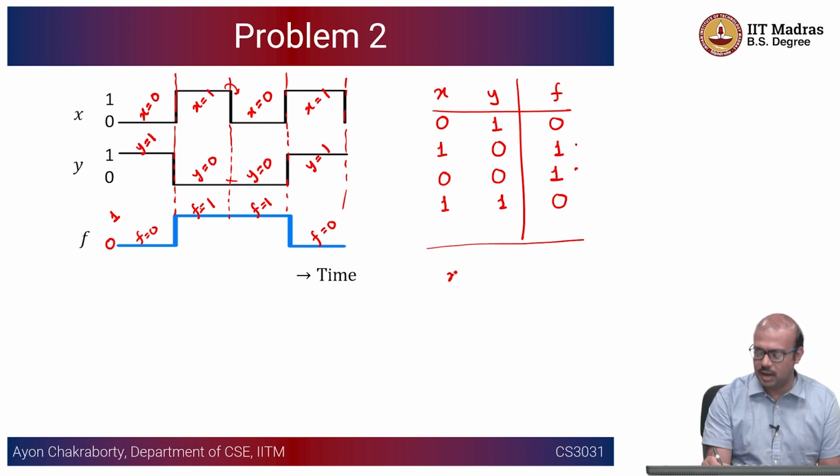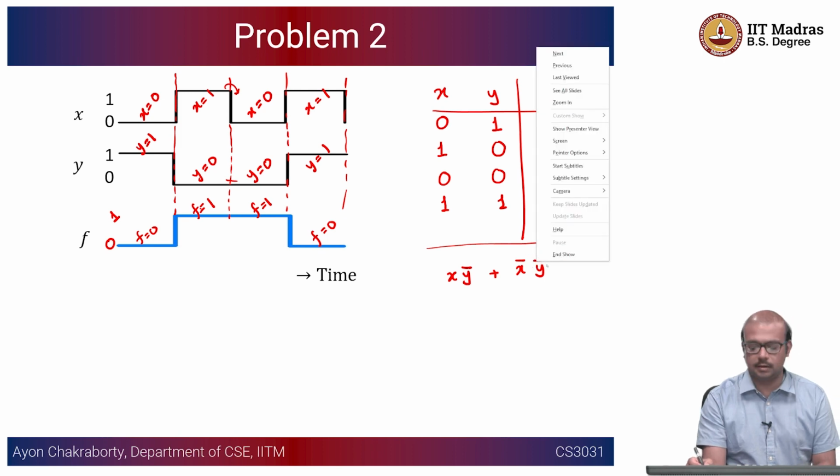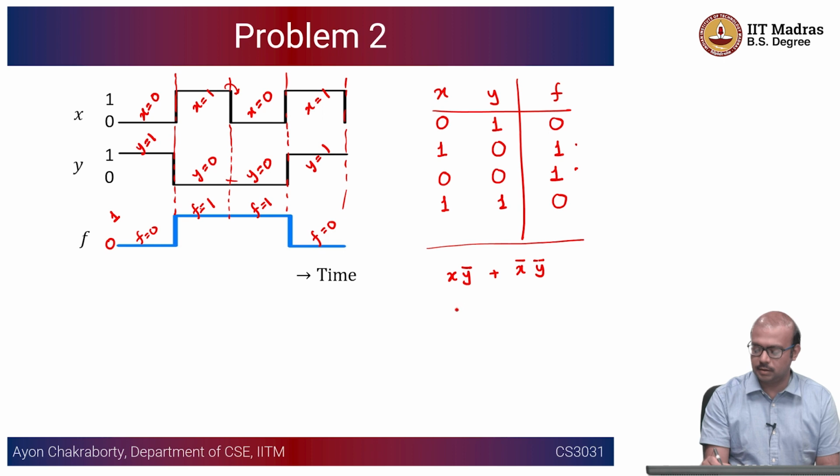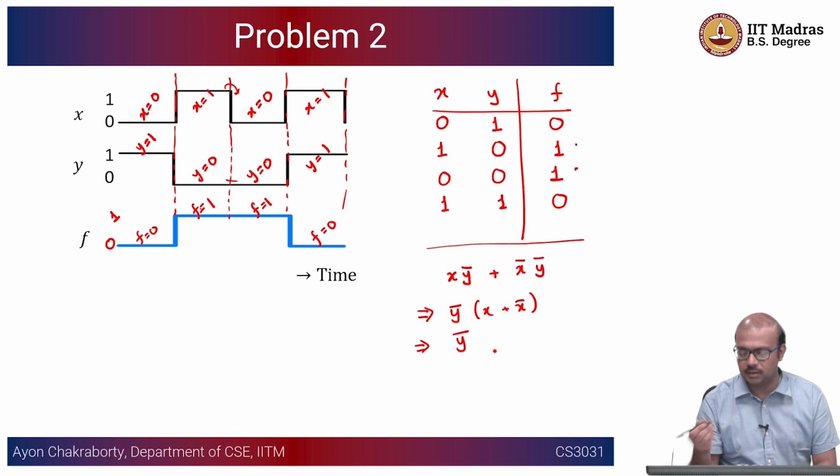One is x y bar, the other one is x bar y bar. Is it correct? Yes. So this is going to be y bar, right? And then x plus x bar vanishes, which is again going to be y bar. So my observation was probably wrong.